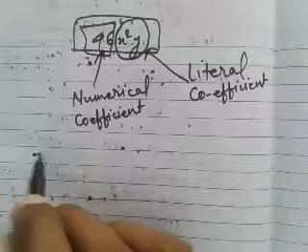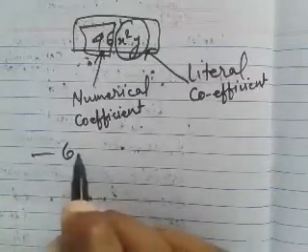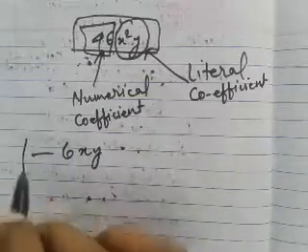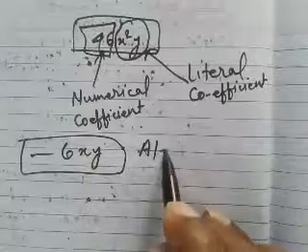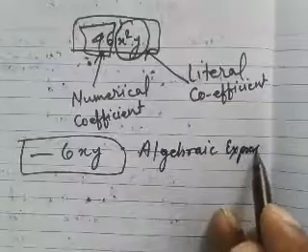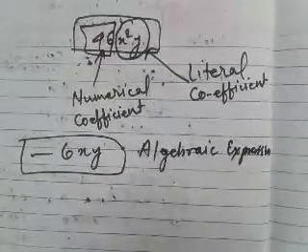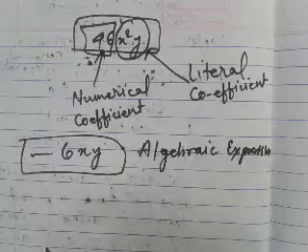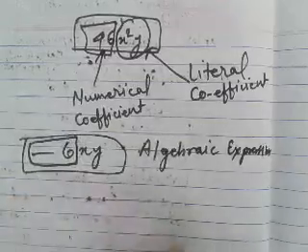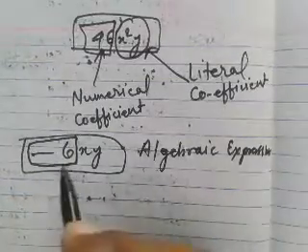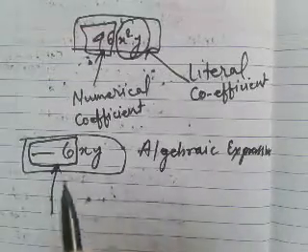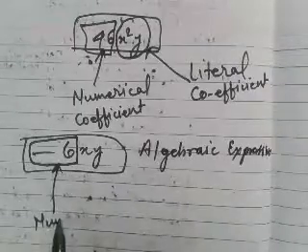So in the case of minus 6xy, what is the numerical coefficient in this term? What is the numerical coefficient and what is the literal coefficient? The fixed value present here along with its sign is called the numerical coefficient.